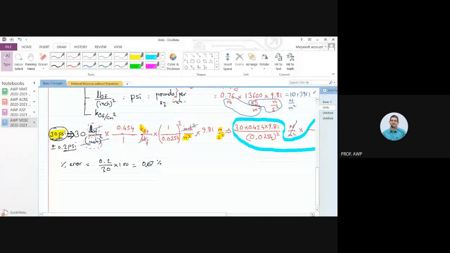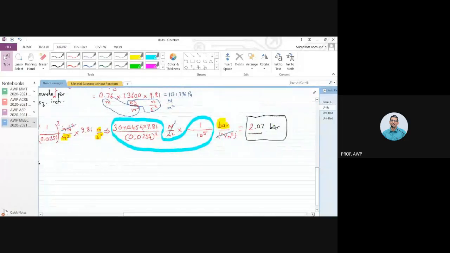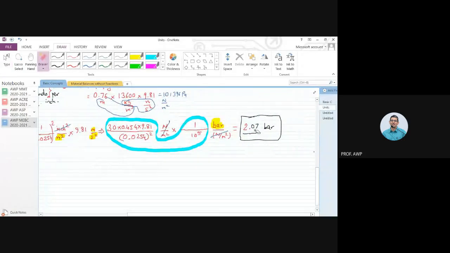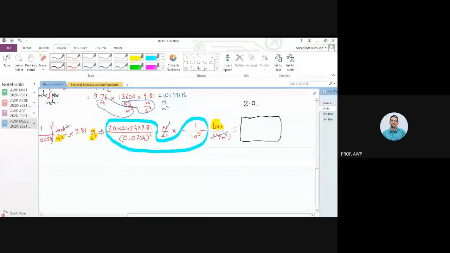That means there is no point in writing an answer which has better than 0.6% or 0.7% accuracy. Our answer was 30 into 0.454 into 9.81 divided by 0.0254 squared divided by 10 raised to 5. Based on what the calculator gave us, it was 2.07093242 bar, right?